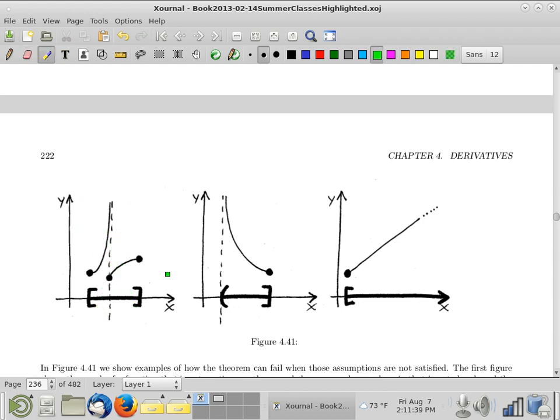Okay. What if the domain is not closed? Well, here's an instance of a domain that's not closed. You can see there's a boundary point here that's not part of the domain. And that permits basically the same kind of thing to happen, that the function can sort of run off to infinity toward what might be an asymptote there.